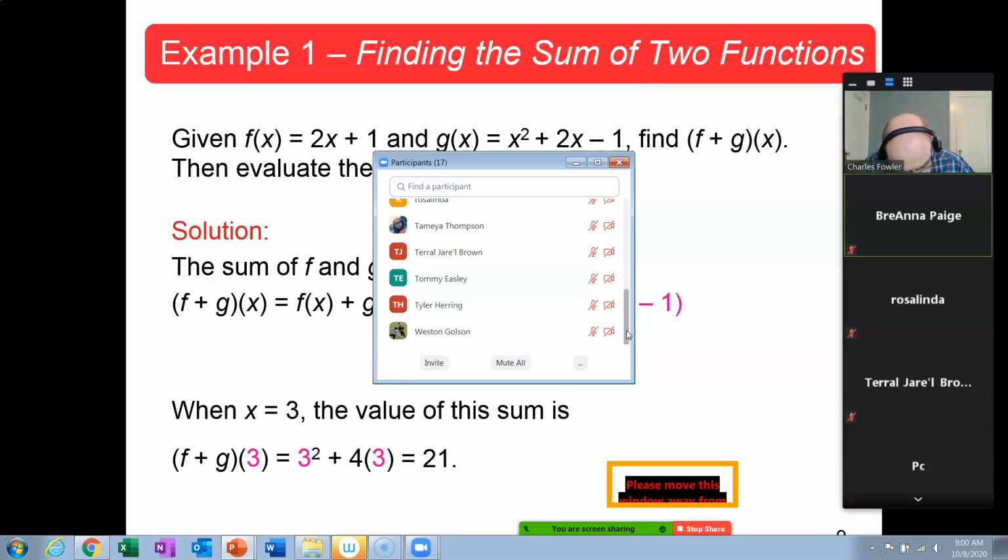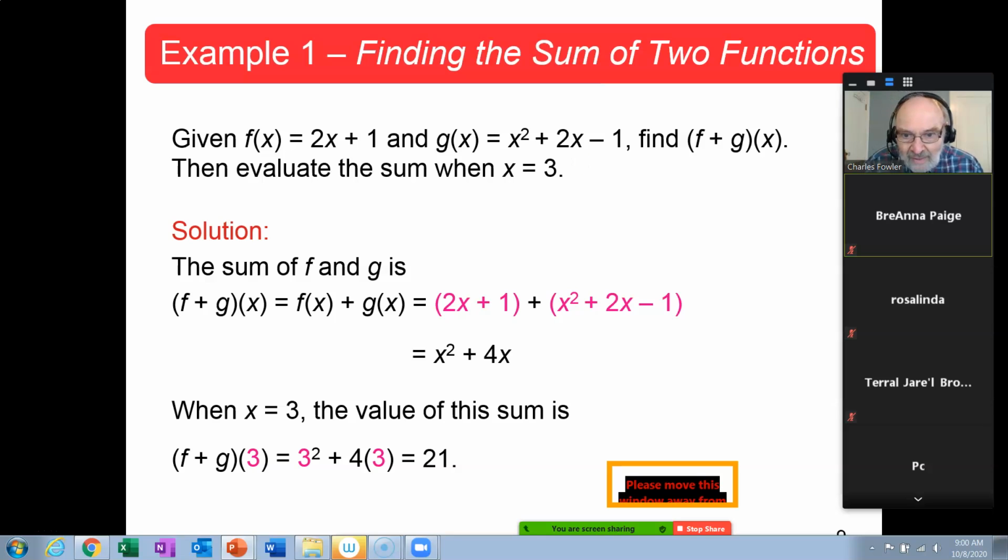So I should have 16 students. 1, 2, 3, 4, 5, 6, 7, 8, 9, 10, 11, 12, 13, 14, 16. Oh, actually, I've got more people marked here than I've got. I'm sorry, I had it the wrong way. So evidently somebody was here and had to bump out. Either their internet failed or they had to get off for some other reason. So sorry, that was a waste of time, but I want to make sure I didn't miss anybody.